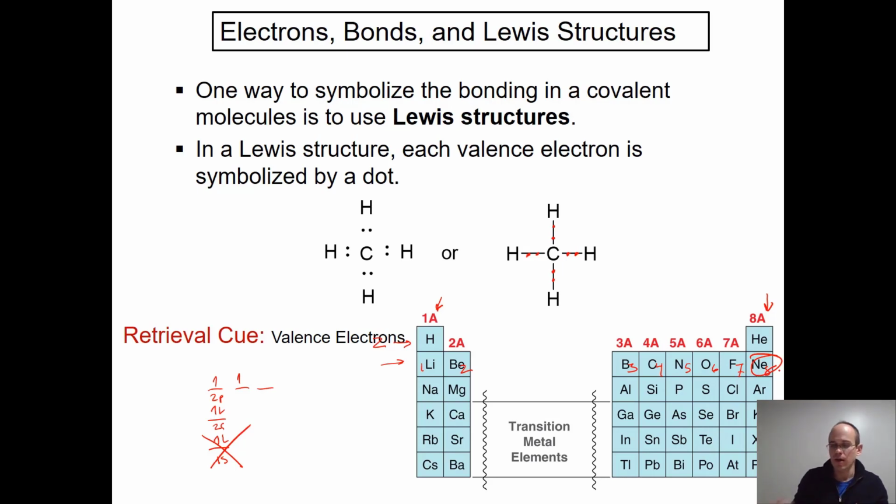So if you notice, as we worked our way across the periodic table, the column descriptor here, 1, 2, 3, 4, 5, 6, 7, or 8, told us how many valence electrons each one of these atoms had, with the exception of helium, right? Helium is over here on the noble gas side because it does have a complete valence shell, even though it only has 2 electrons, right? And those 2 electrons are its complete 1s shell.